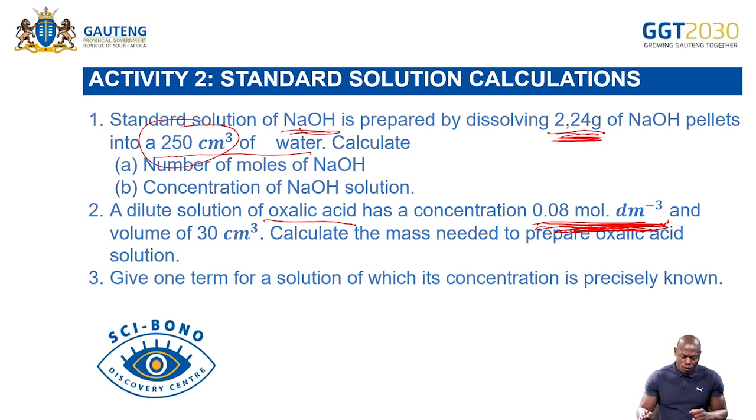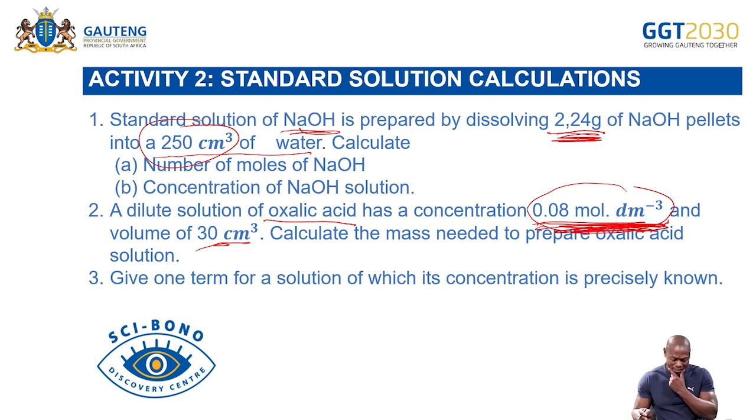Okay. So here you are given the concentration of this dilute solution of oxalic acid. And you are also given the volume, which is 30 cubic centimeters. They want us to calculate the mass needed to prepare this solution of oxalic acid.